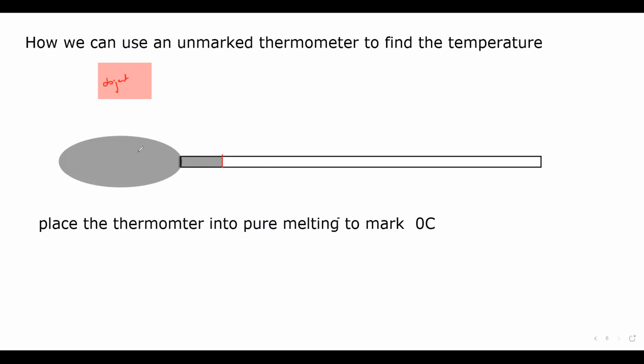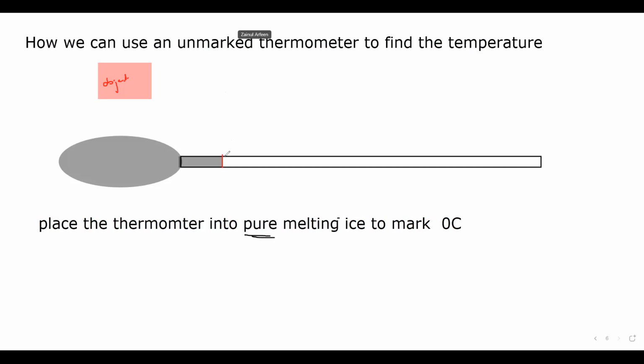Pure melting ice means ice that is melting. Why am I using the term pure? Because the pure melting ice will have 0 degrees centigrade. So we place the thermometer in pure melting ice because we know the temperature of pure melting ice is 0.